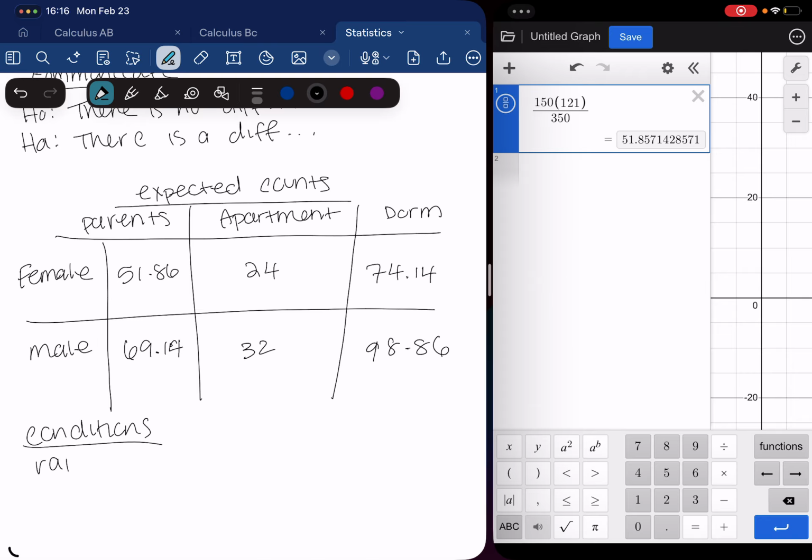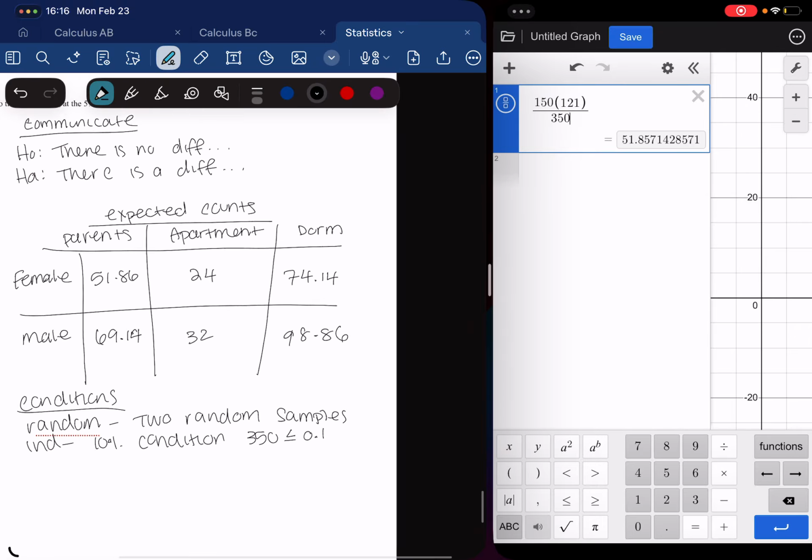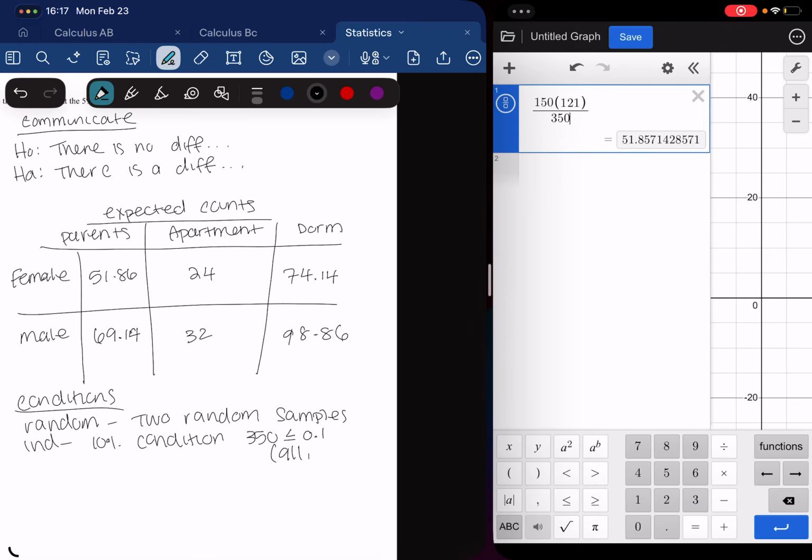Okay, for random, if we look back at the problem, it says that we have 2 random samples. For independence, we're using the 10% condition. So we take the table total, which is 350, and we state that this is less than or equal to 10% of all people 18 to 20.